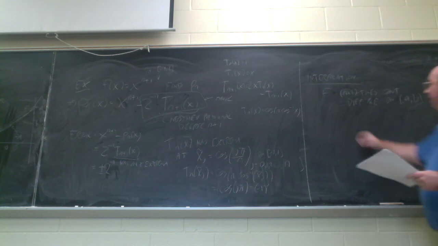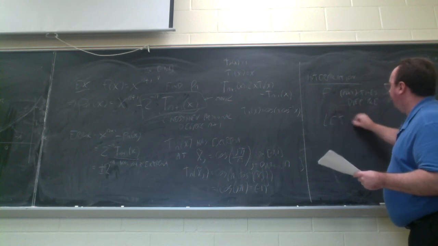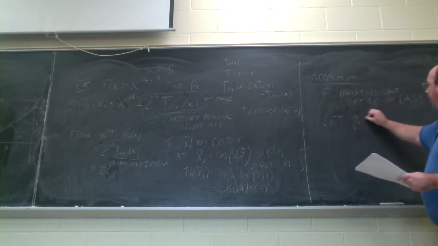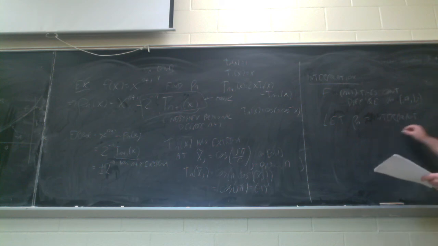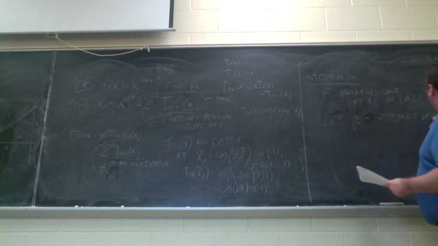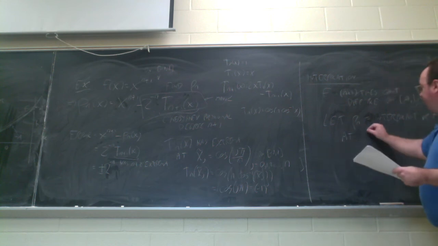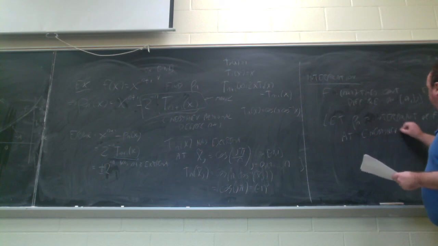And if I let Pn be not the minimax, but the interpolant, so we're back to polynomial interpolation, like a Lagrange form, and we use the Chebyshev points for the interval [a, b].